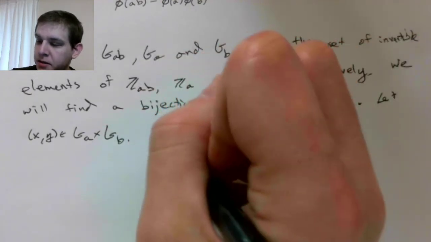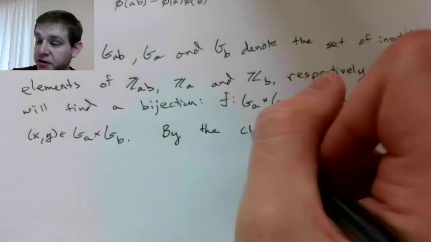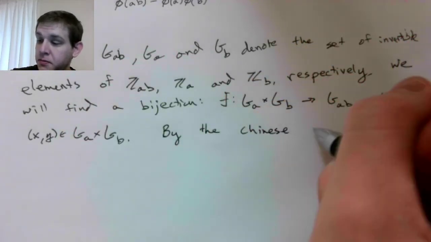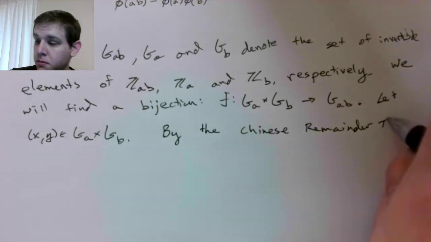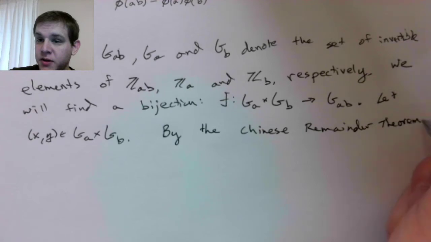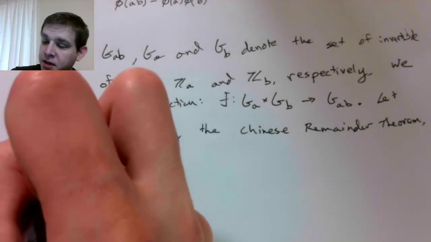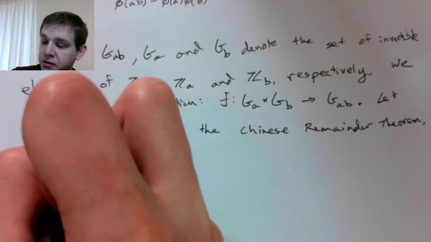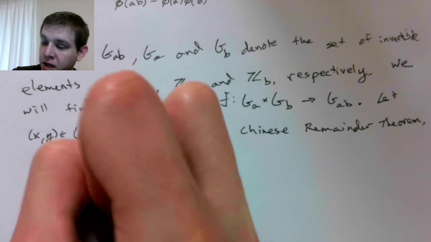So by the Chinese remainder theorem, this is one of the theorems we proved recently, I can find an element which is unique modulo AB.